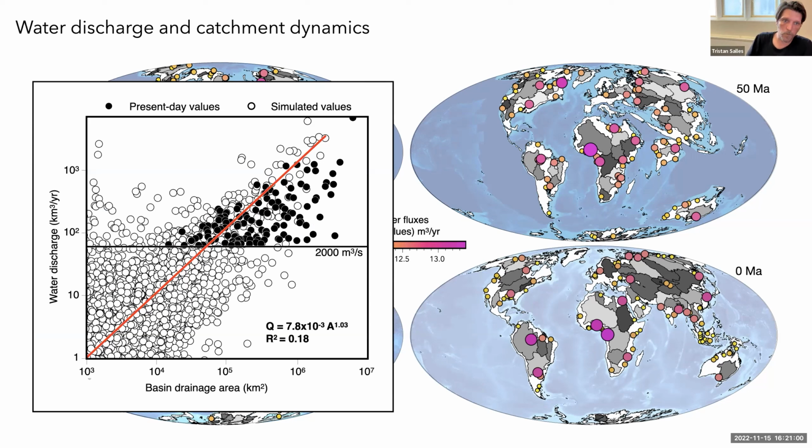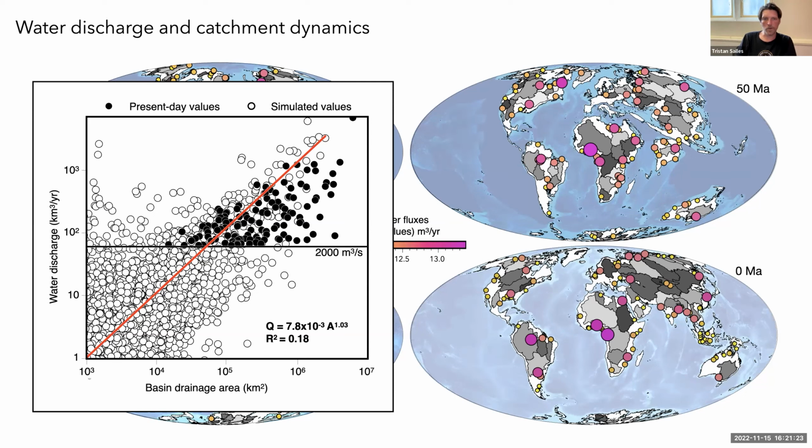What you can also do is make some comparison between what you get out of the model, in terms of distribution, for example, of basin drainage area versus water discharge, and look at how it compares with the distribution of present day catchments and discharge.